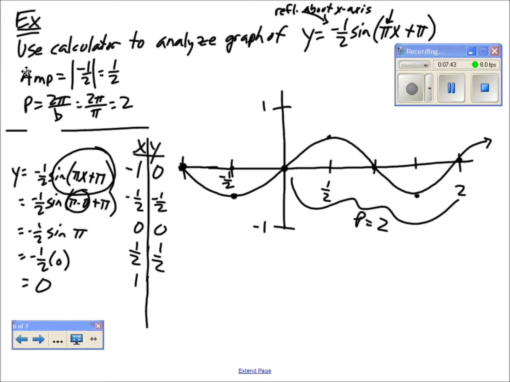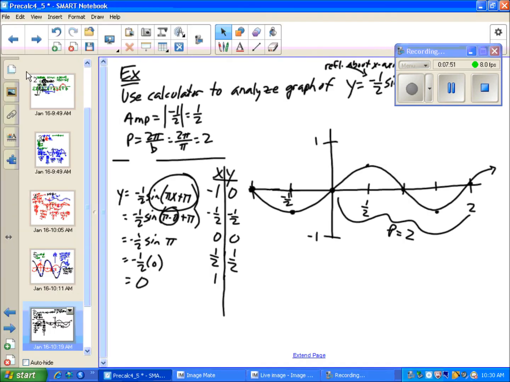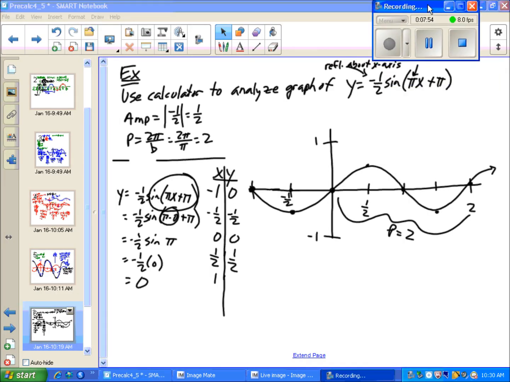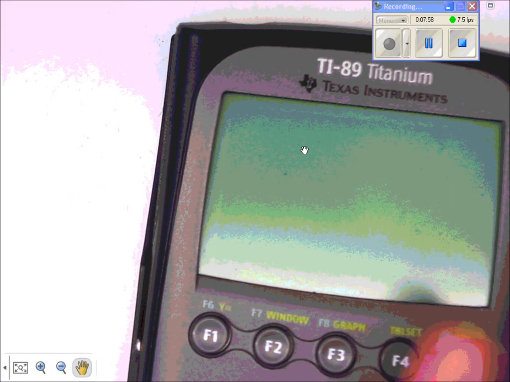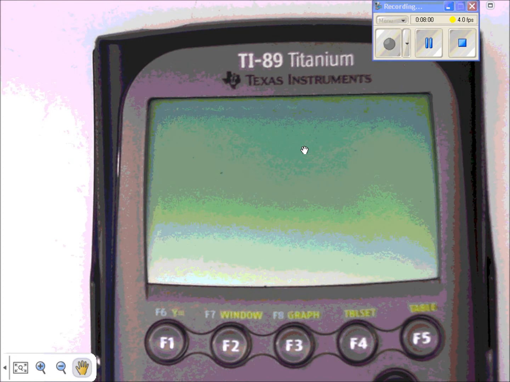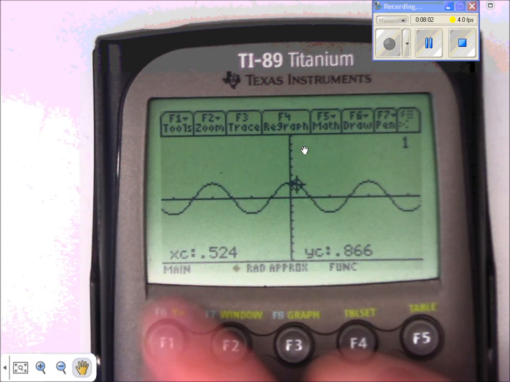Let me grab my calculator here. Let's see.